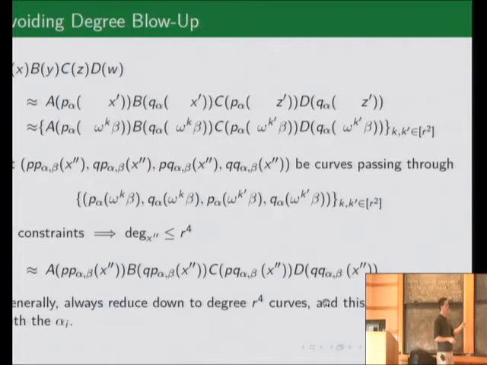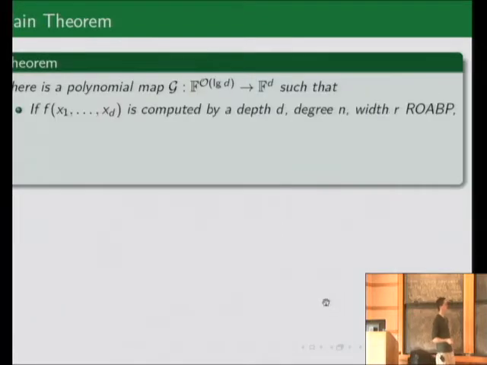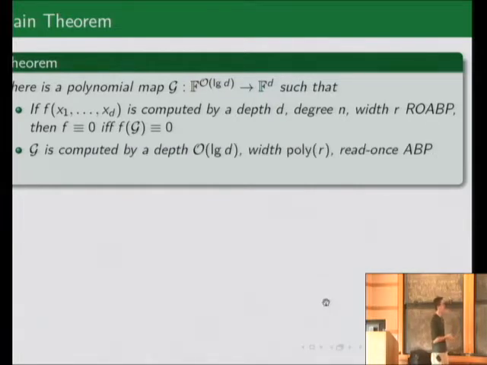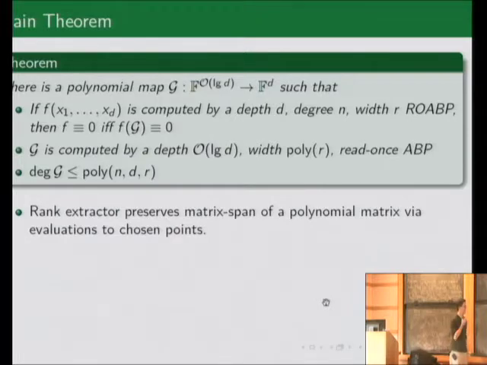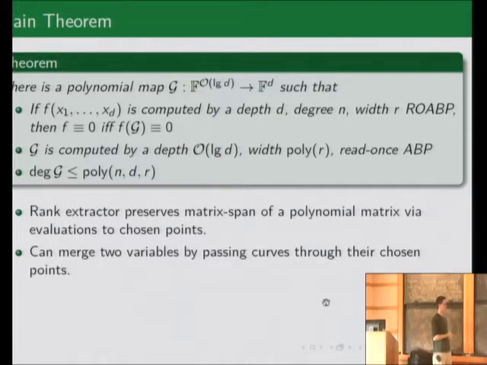Okay, so you go back down to degree r to the fourth curves, you just do all this induction, and you get the main theorem, basically, that there's this map that fools small RVPs, which gives you your hitting set. This generator itself is computed by a small read-once ABP, which I didn't talk about, and the degree is small because of this nice composition. The way we did it is we used this rank extractor to preserve the matrix span at chosen points, and then we passed curves through these points.